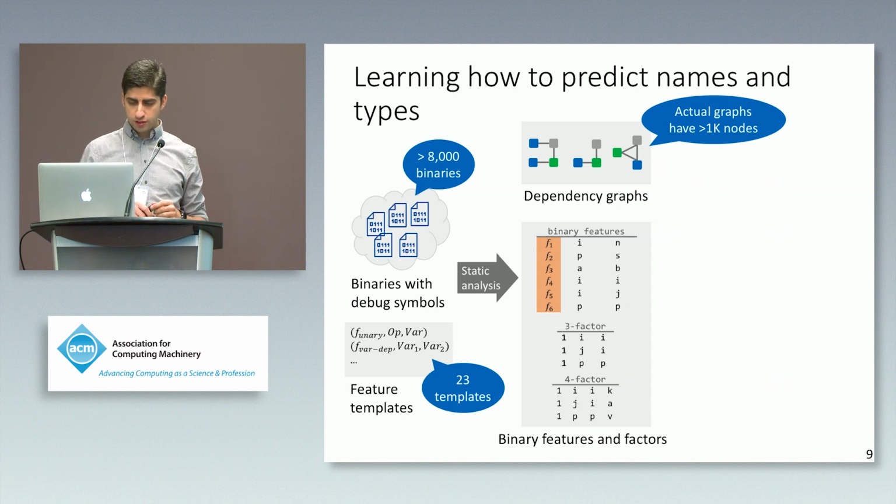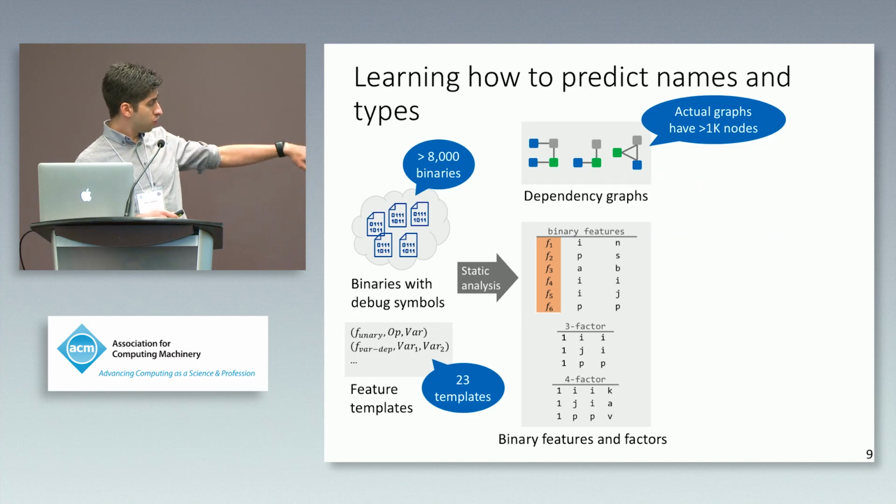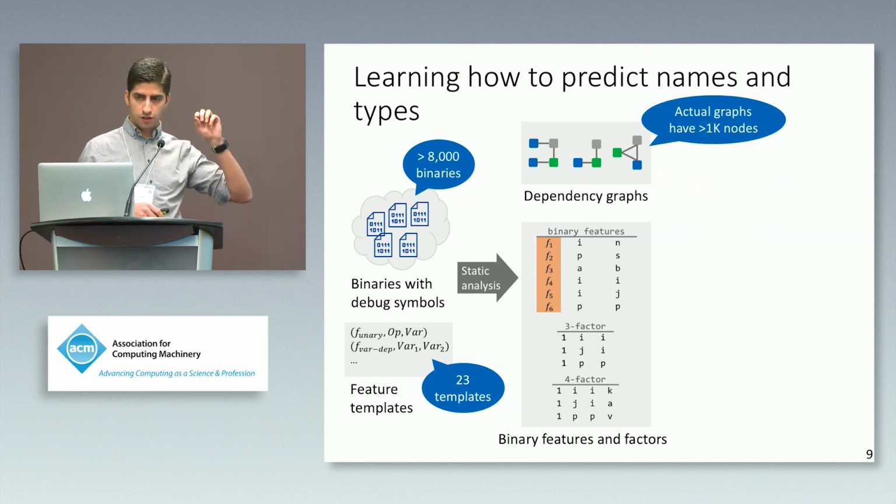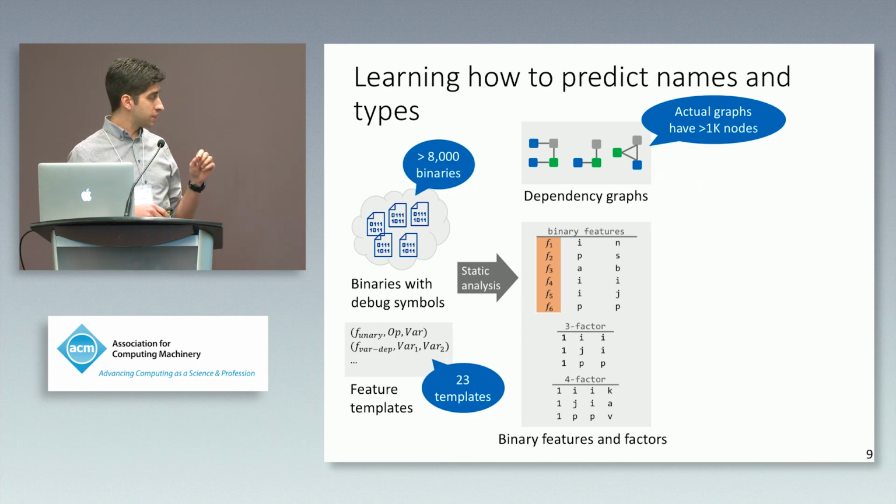For real-world binaries, the actual graphs that you can construct have over 1,000 nodes, so they can get pretty huge. At the same time, we also use the templates to instantiate concrete feature functions. Again, these feature functions define the concrete names that can be assigned to the program elements.